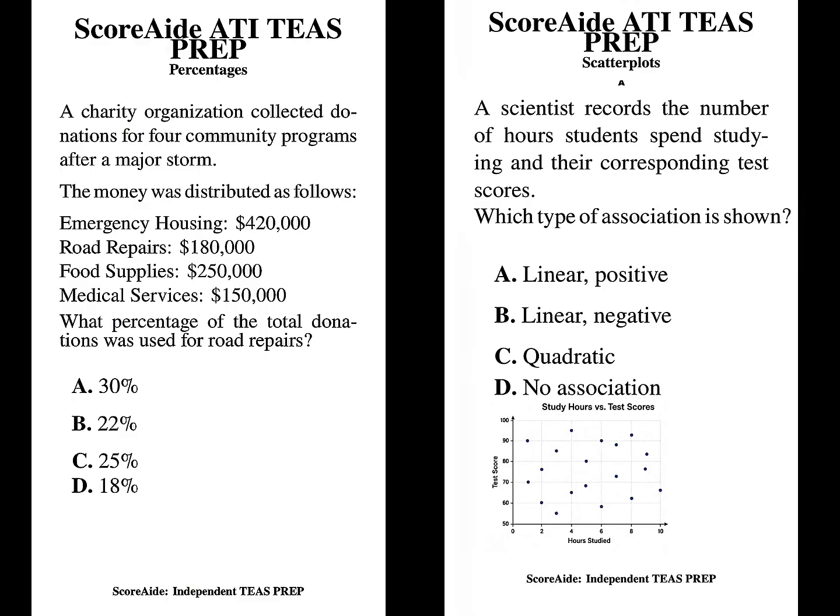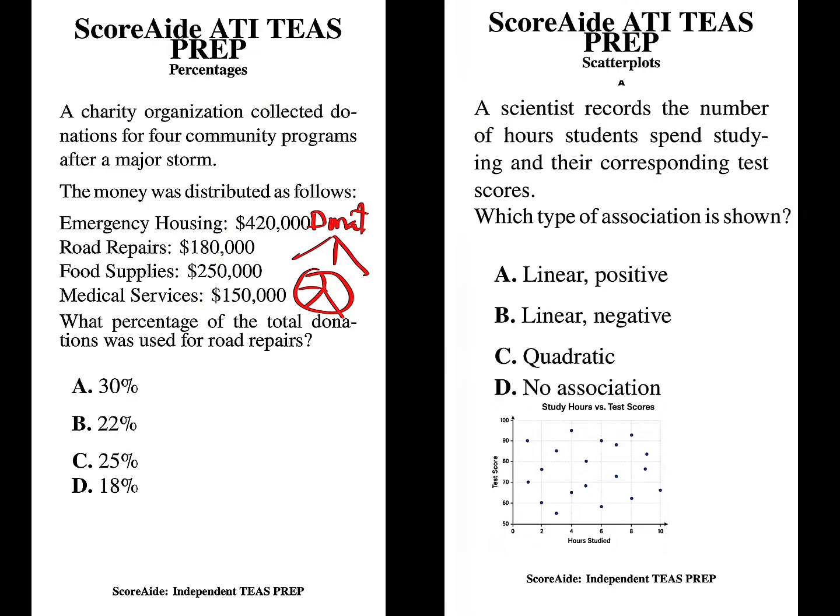You see that since we have a whole that is being split into parts, the best way to represent this data is using a pie chart. So the whole is going to be the donations, which is being split into various parts. So you can use a pie chart to represent that information, right?